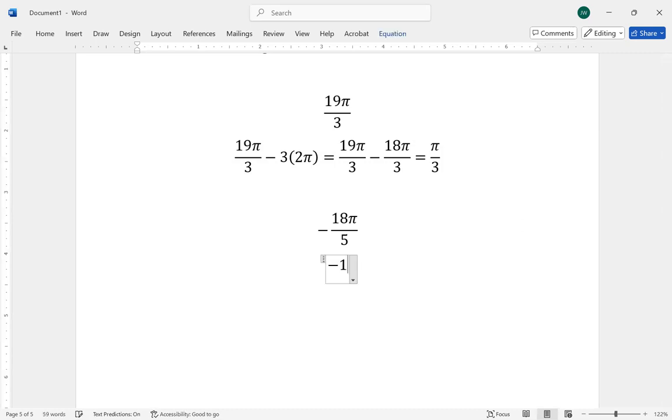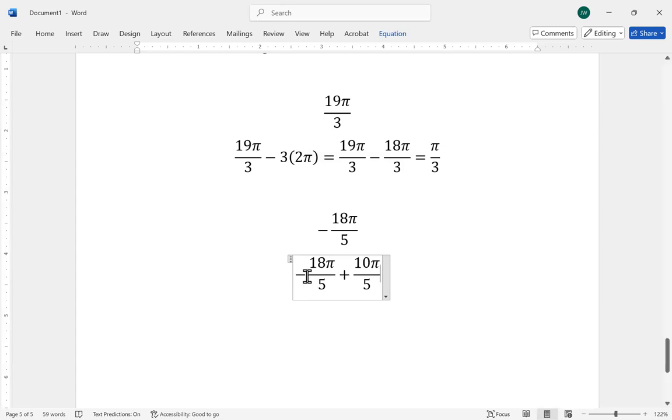In the same manner that we did the above example, I'm going to keep adding 2 pi over and over and over. If you add 2 pi, what you're really adding is 10 pi over 5, if you think of it as an improper fraction.